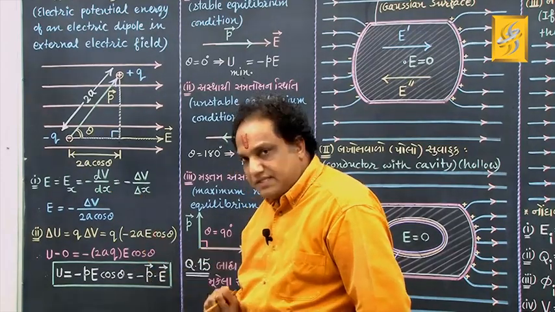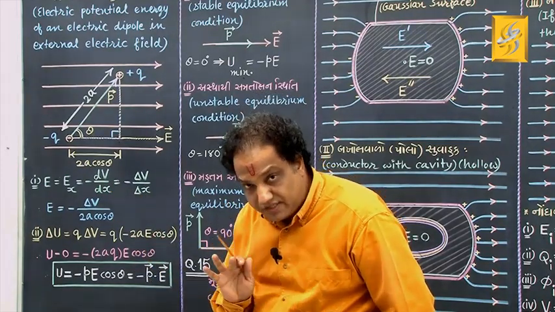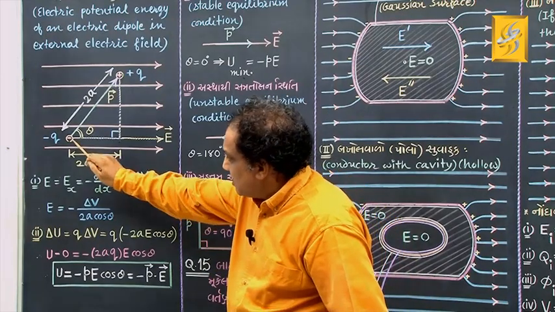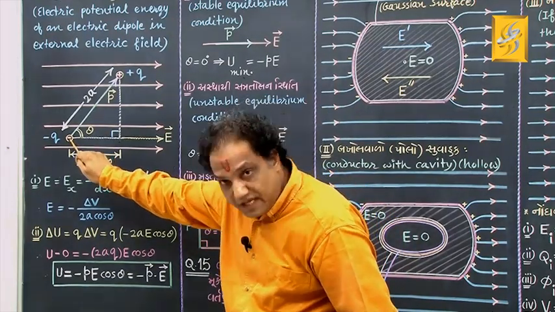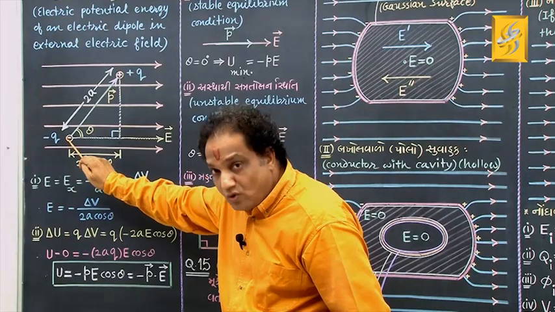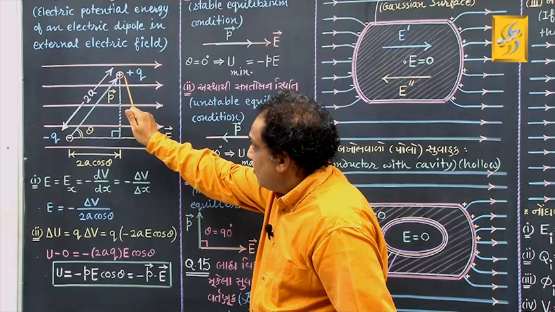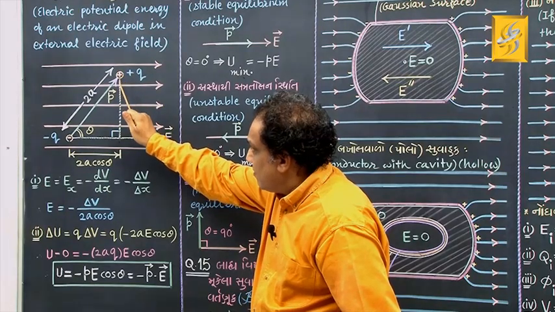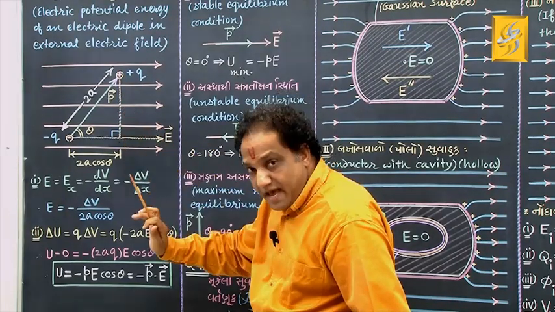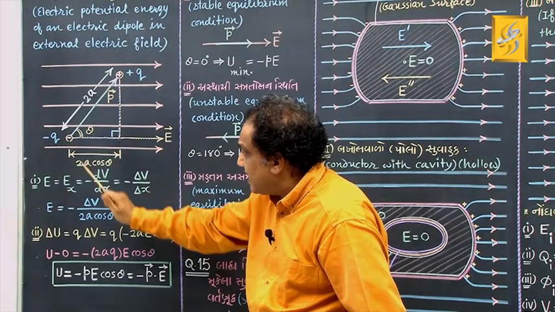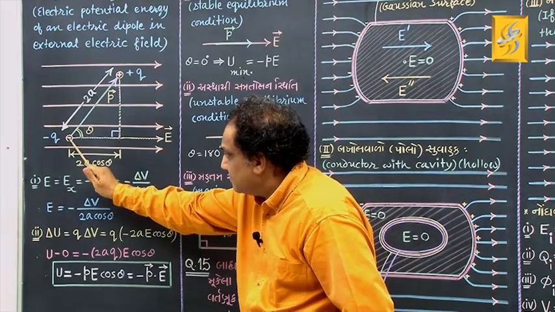Now this minus sign as it is, delta V as it is. But what is delta x? Change in x coordinates. Wait. Suppose you consider here origin, correct? At origin what is x coordinate? 0. For this point, if you draw perpendicular like this, then for this point its x coordinate will be this much, correct?